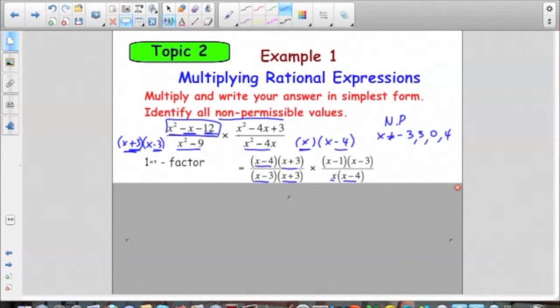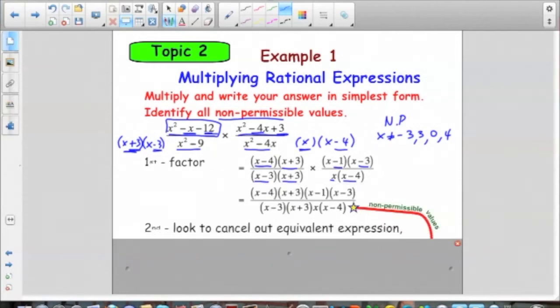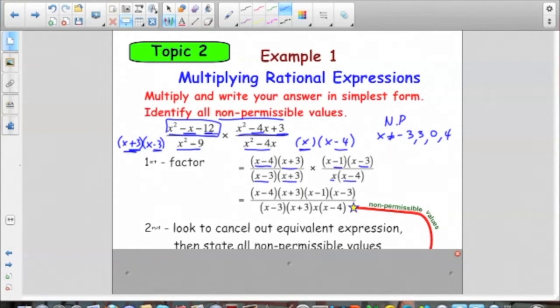And now we look over at this side, and the same thing, we're looking for numbers that multiply to 3 and add to negative 4. And we know negative 1 and negative 3 does the job. Okay, now we've done all our factoring. I did my non-permissibles down here, so that's all right.